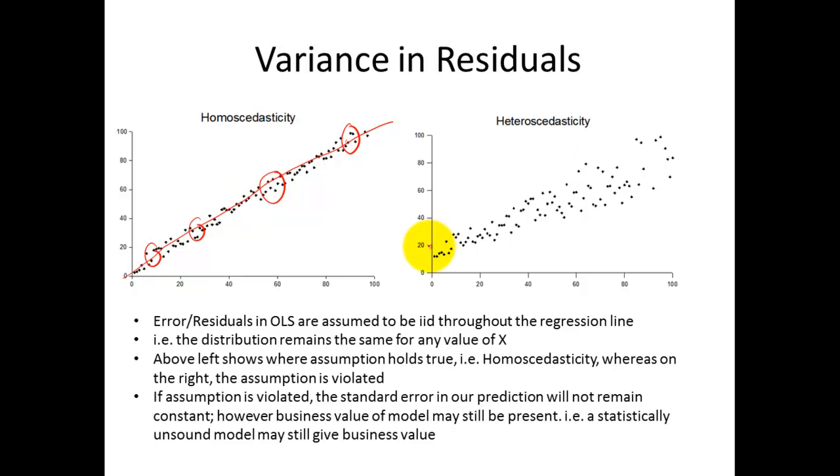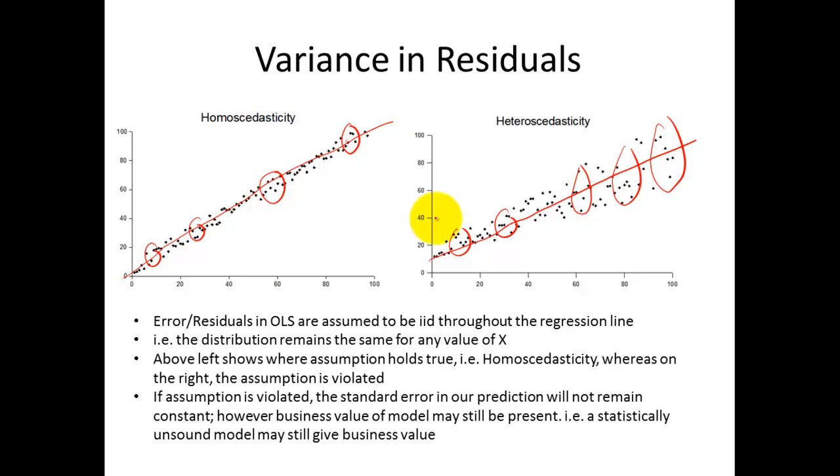But if I look at this example over here, let's say OLS builds a regression line something like this. I can see the errors over here are small, but as the value of x starts to increase, the errors become larger and larger. Therefore the variance of the errors at different values of x is getting larger.